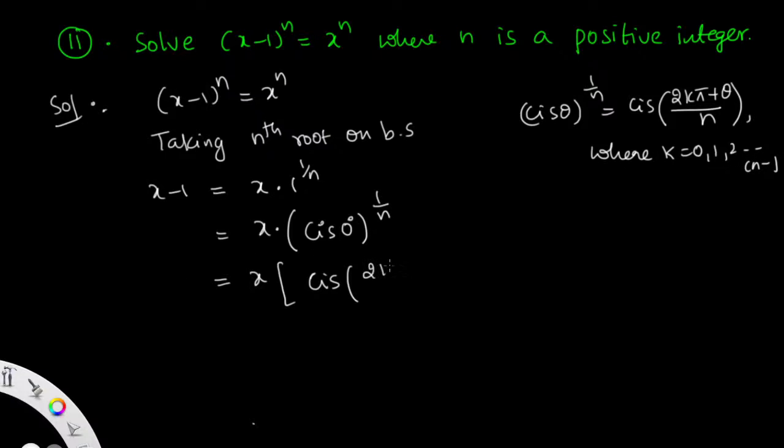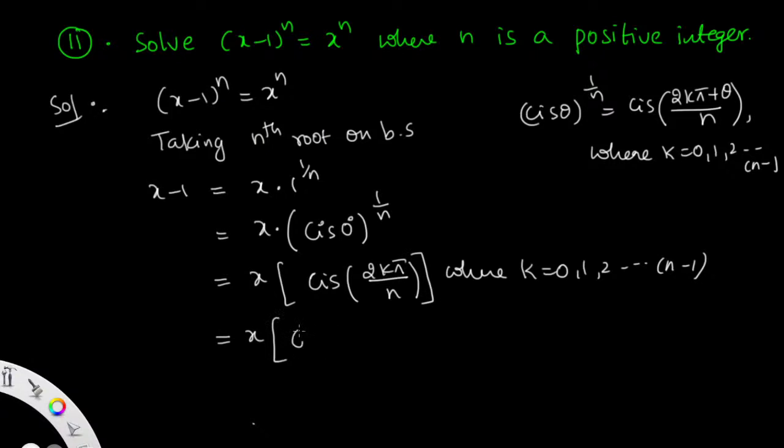That is 2k pi by n, where k equal to 0, 1, 2, so on up to n minus 1. So that is x into the expanded form: cos 2k pi by n plus I sin 2k pi by n, that is x minus 1.